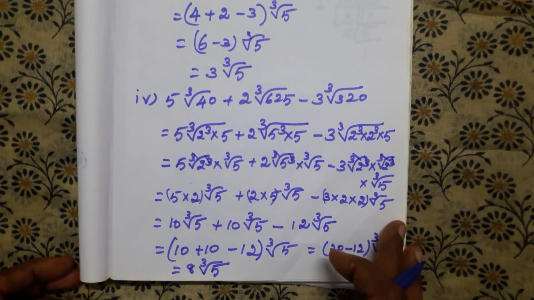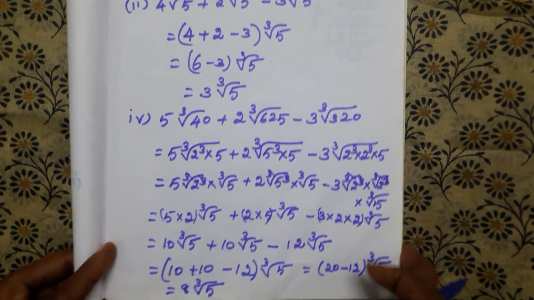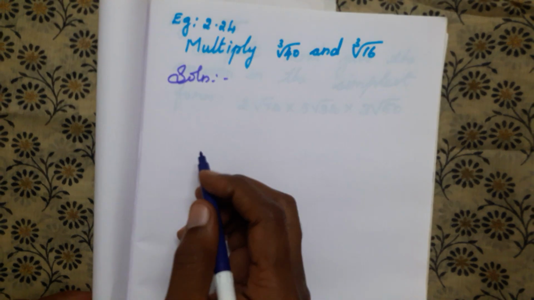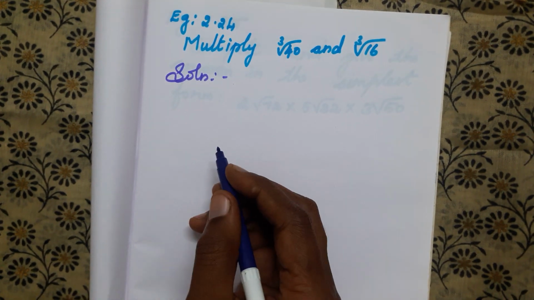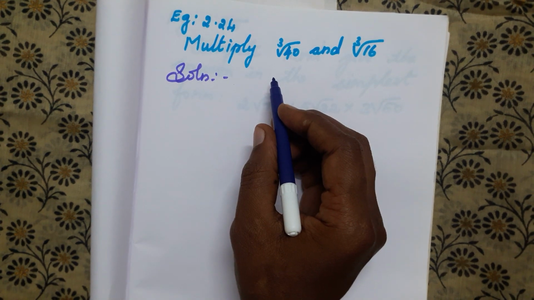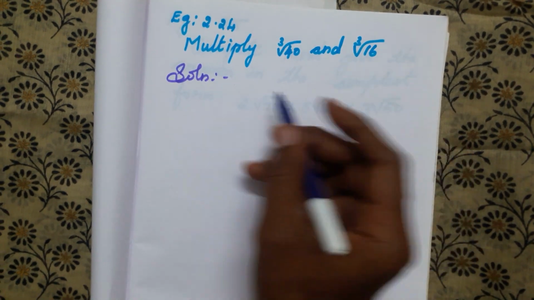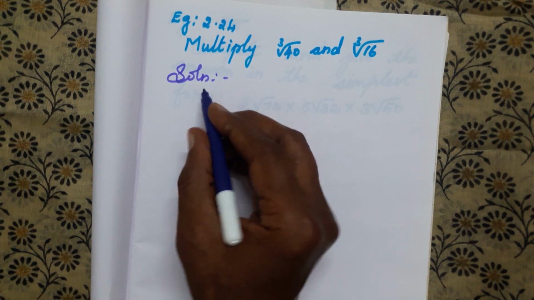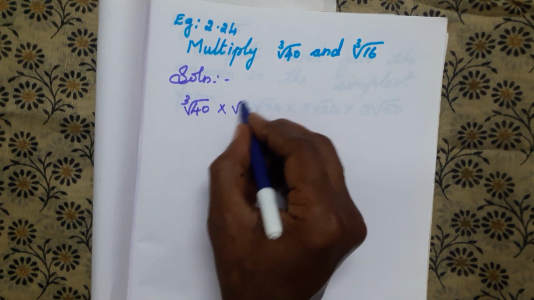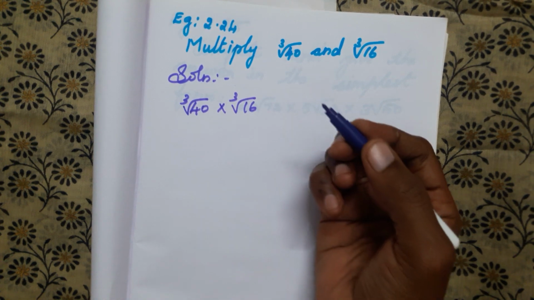Can you understand this? Okay. Now I am going to explain example 2.24. Multiply cube root of 40 and cube root of 16. We have to multiply cube root of 40 into cube root of 16.